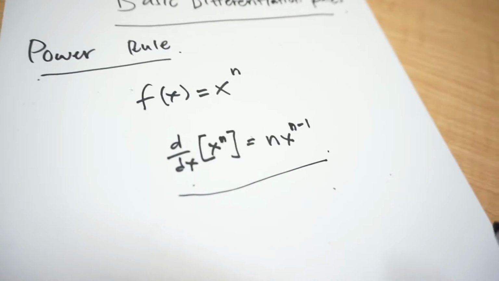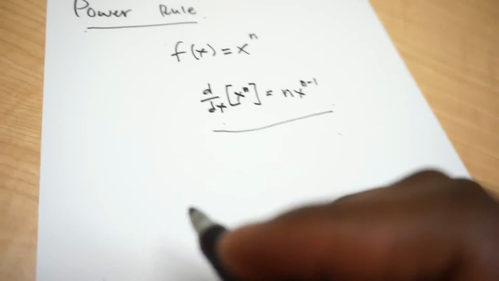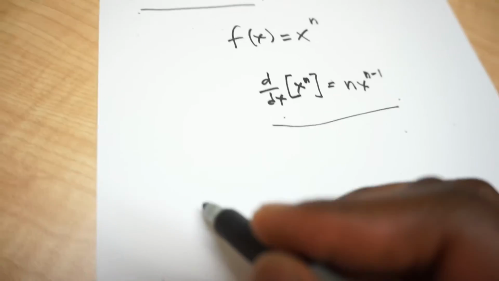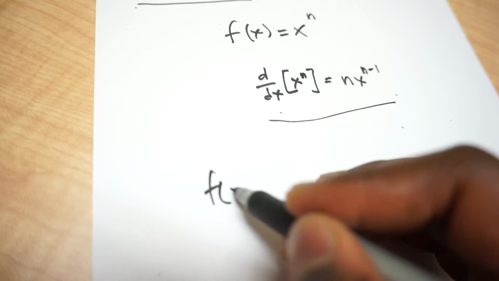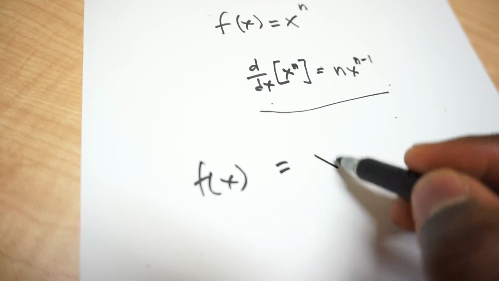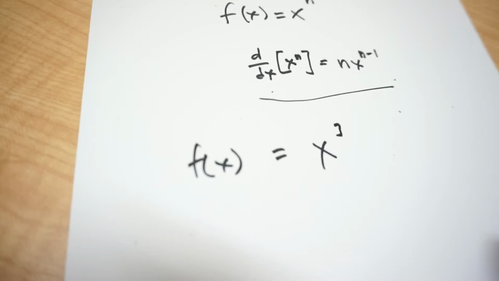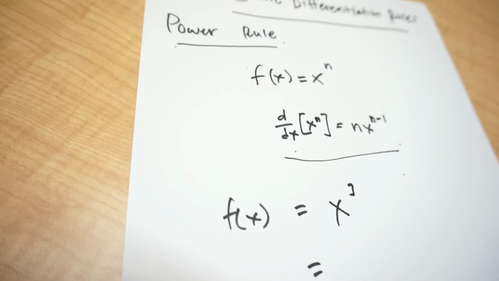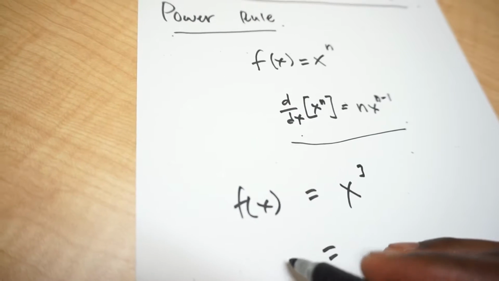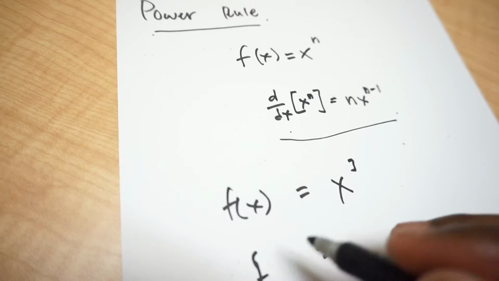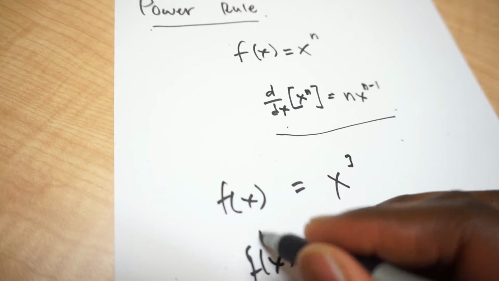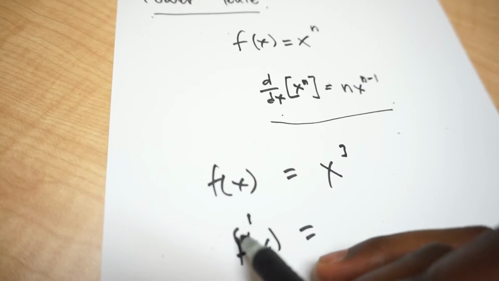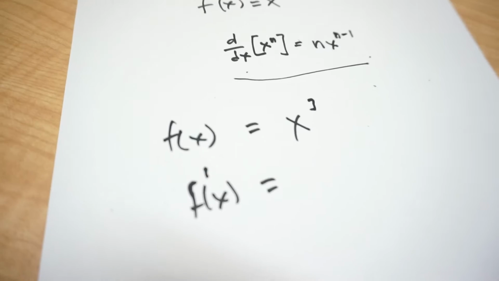All right, let's do a few examples here just for you to understand what is going on. So I have f of x equals x to the 3. What you could do is, f prime of x, we always denote the derivative by that dash up there.